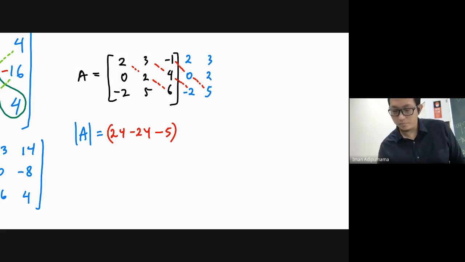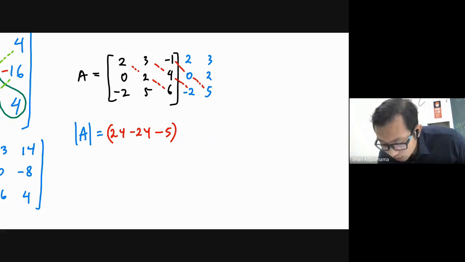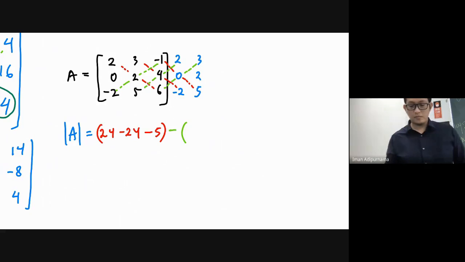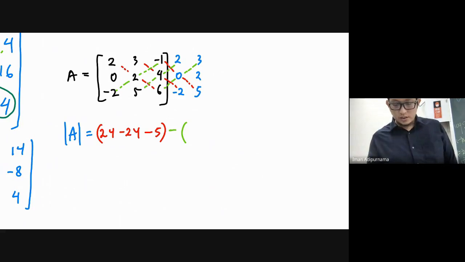And then the other part, I may change the color, this part. And then minus the green one. Negative 1, negative 4, plus 4, 8, 5, plus 40, and then plus 18.